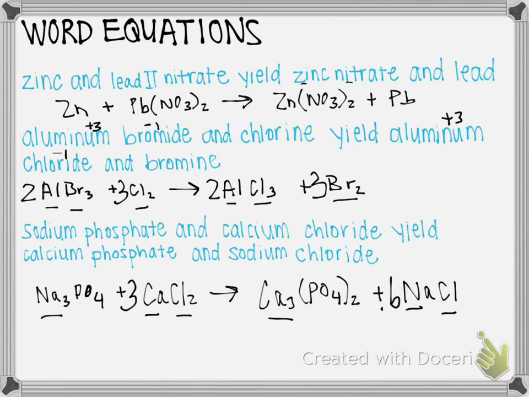Now let's look to see where we're at. 6 Nas means we need 6 Na on the reactant side, so I need a 2 here. Let's just restart. 6 Nas, 6 Nas. 2 PO4s, 2 PO4s. 3 Cas, 3 Cas. And 6 Cls, 6 Cls. So that would be balanced.